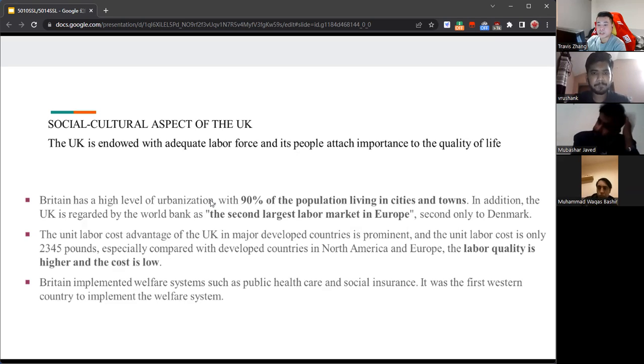The labor quality is higher and the cost is low. Britain implements welfare systems such as public health care and social insurance. It was the first Western country to implement the welfare system. So as you can see, the UK is endowed with plenty of labor force and its people attach importance to quality of life.